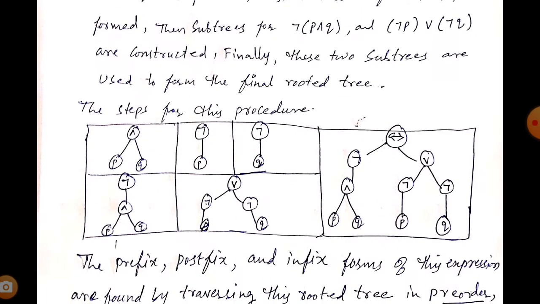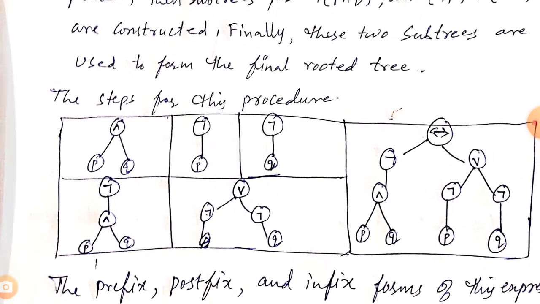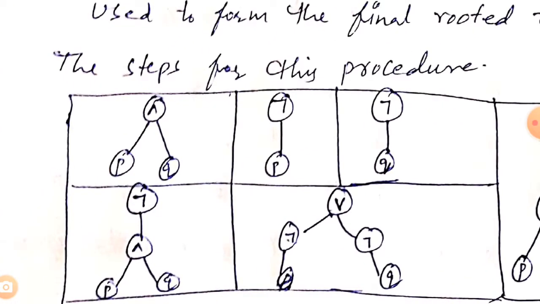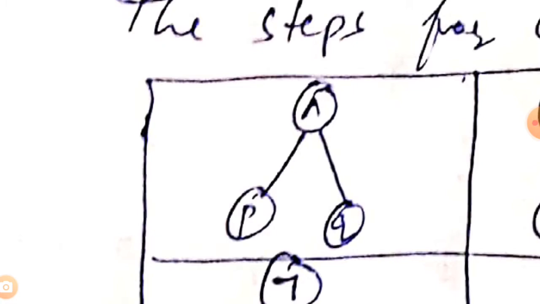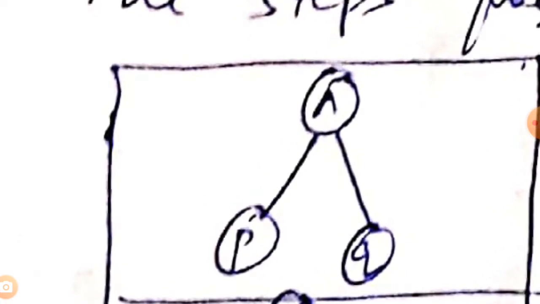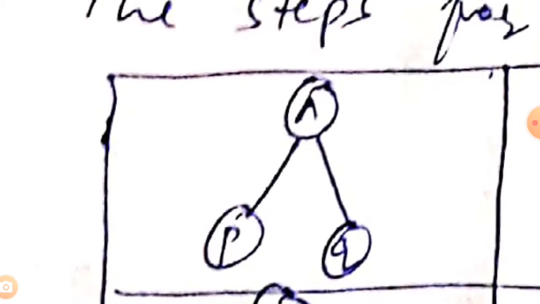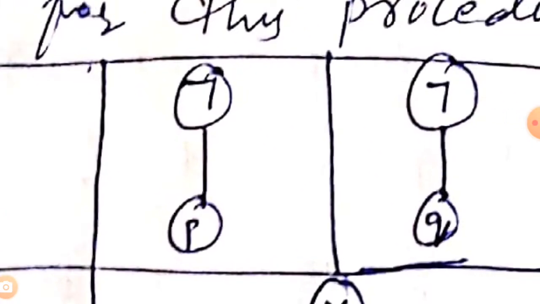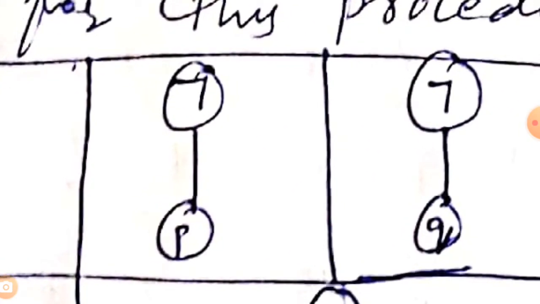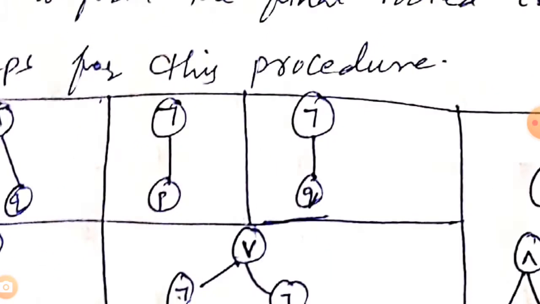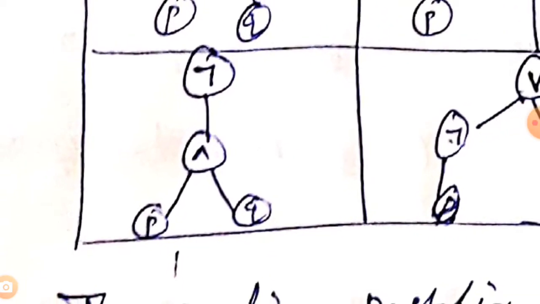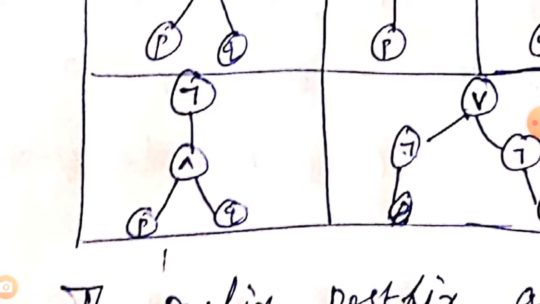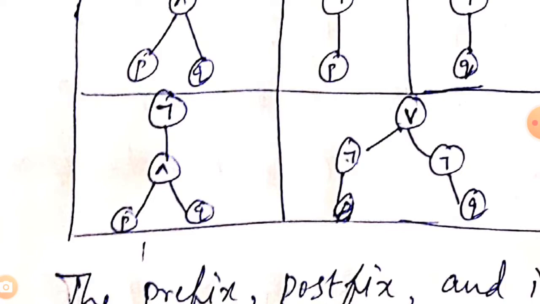So the steps for this procedure are formed like this. In the first step, we have to form P and Q. We can see here clearly P and Q is formed as a subtree. After that negation P, negation Q are formed. Then we are combining this. For P and Q, negation is there, so negation is the root for that one.